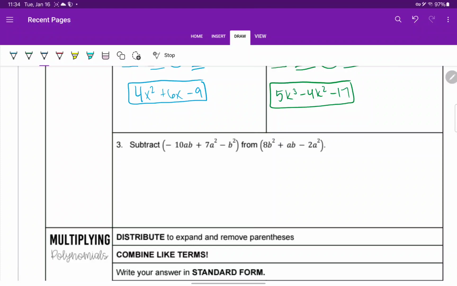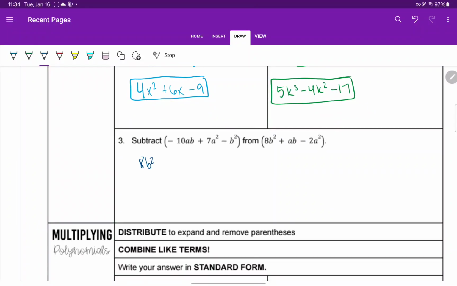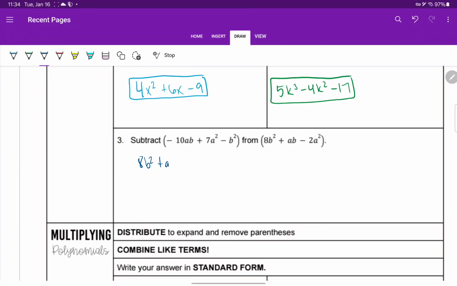So we're going to start with 8b squared plus ab minus 2a squared minus, in parentheses, negative 10ab. So notice I'm just writing the first one here. Plus 7a squared minus b squared.